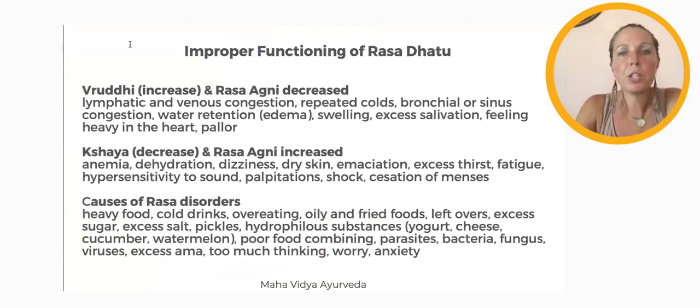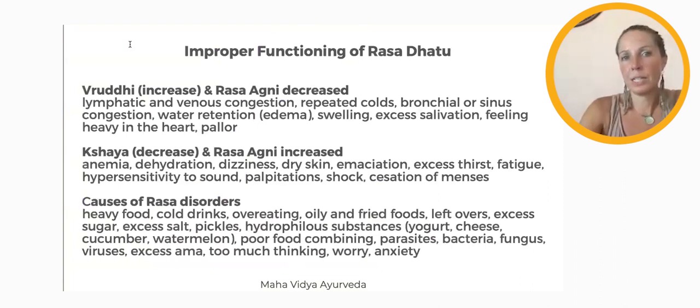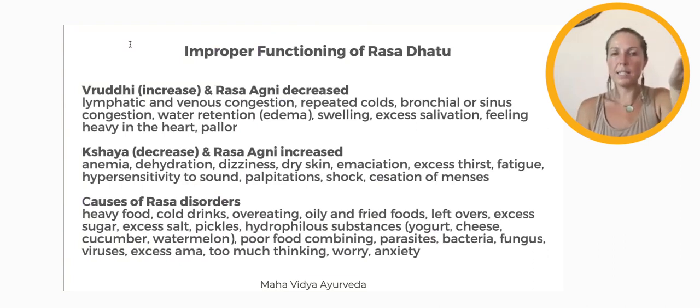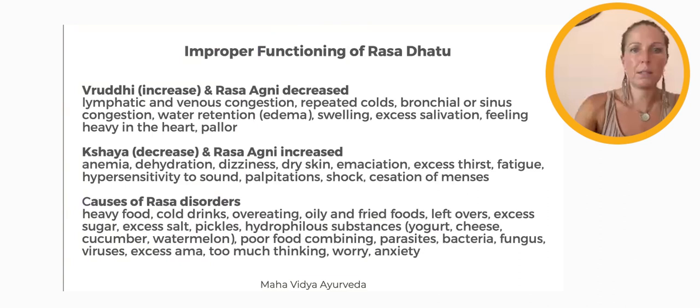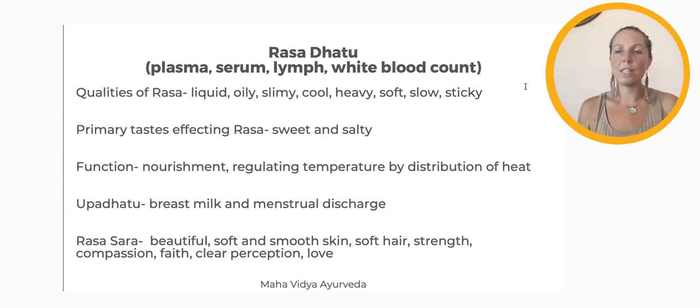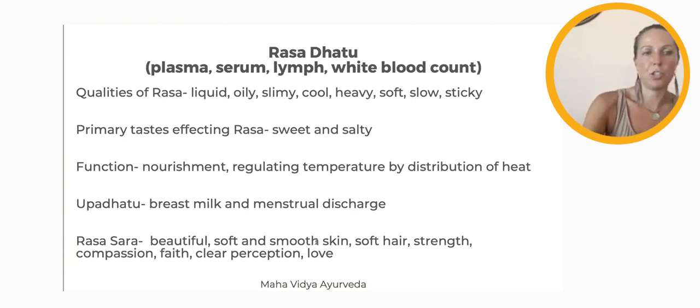So improper functioning of Rasa Dhatu. If Rasa is increased and Rasa Agni is decreased, does that make sense to you guys? So it's not getting digested. So there's high qualities or these properties: the liquid, oily, slimy, cool, heavy, soft, slow, sticky. These qualities have to be processed by the digestive concept in the tissue for it to become healthy tissue.